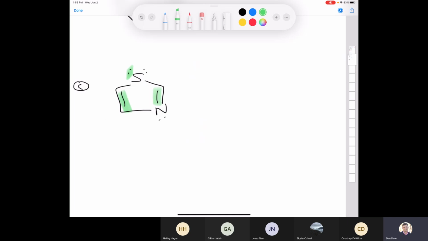But if this sulfur was sp2 hybridized and this lone pair was in an unhybridized p orbital, then I'd have 6 pi electrons, which is an odd number of pairs of electrons. And I have a continuously overlapping system of p orbitals, and therefore this would be an aromatic compound, right? So this would be aromatic.